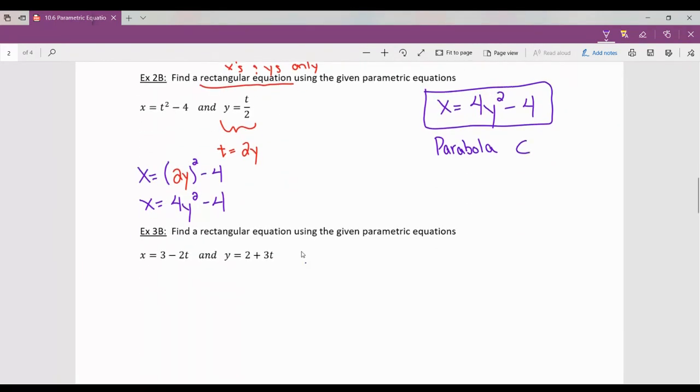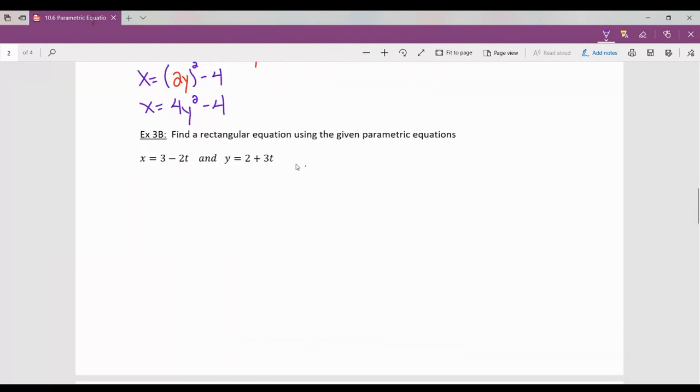All right, we're going to do the same exact thing with the next one. We want to find a rectangular equation using the given parametric equations. The first thing I want to check is, can I solve for t? It looks like both x and y have the same level of difficulty in terms of solving for t, so I'm just going to approach it with the x.